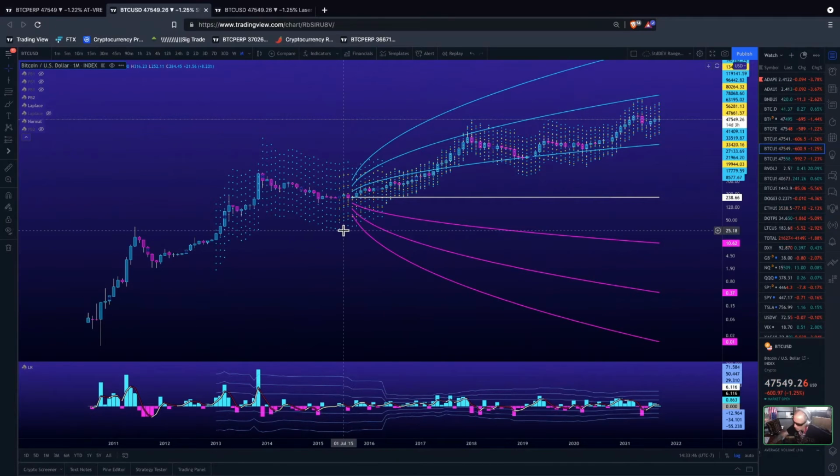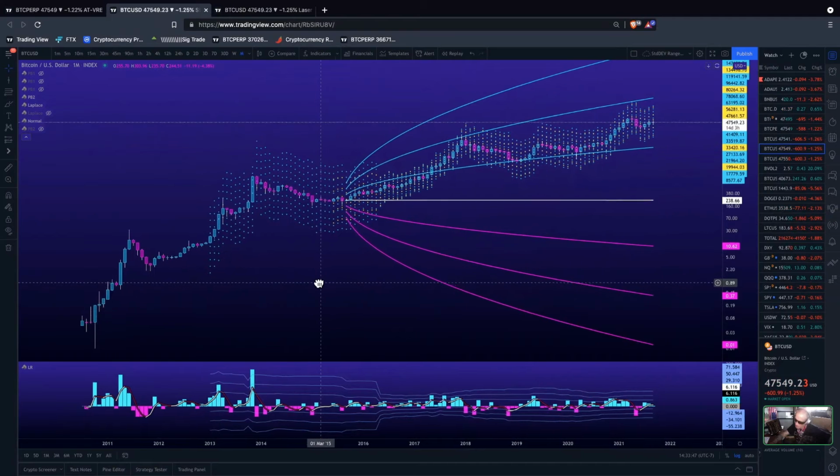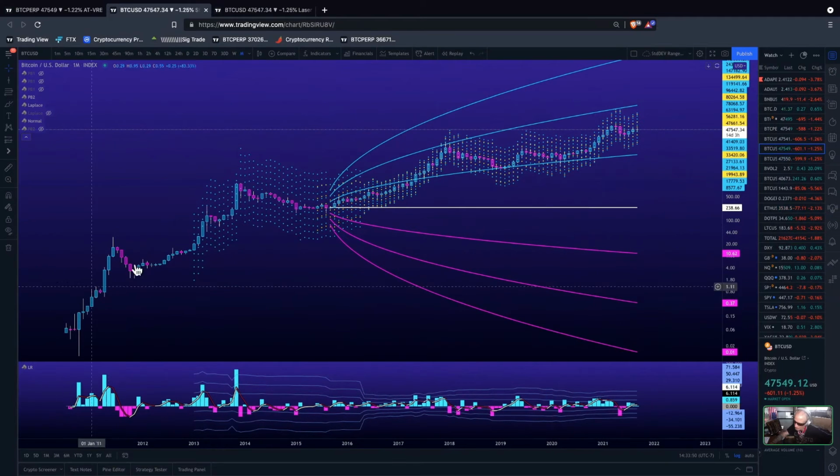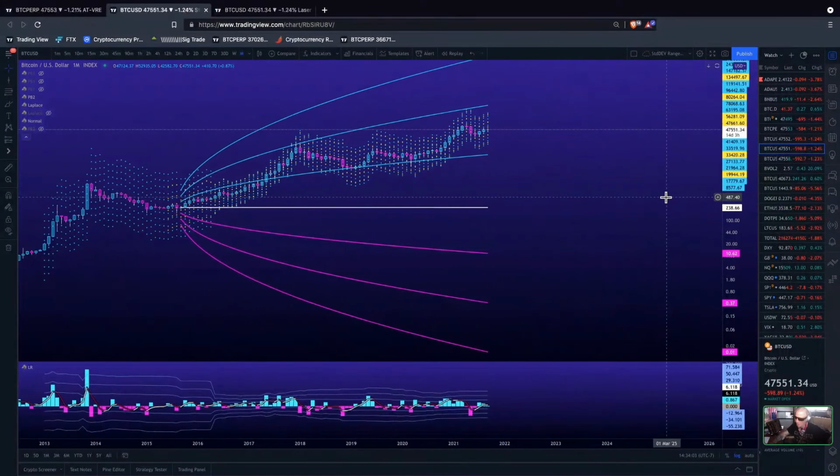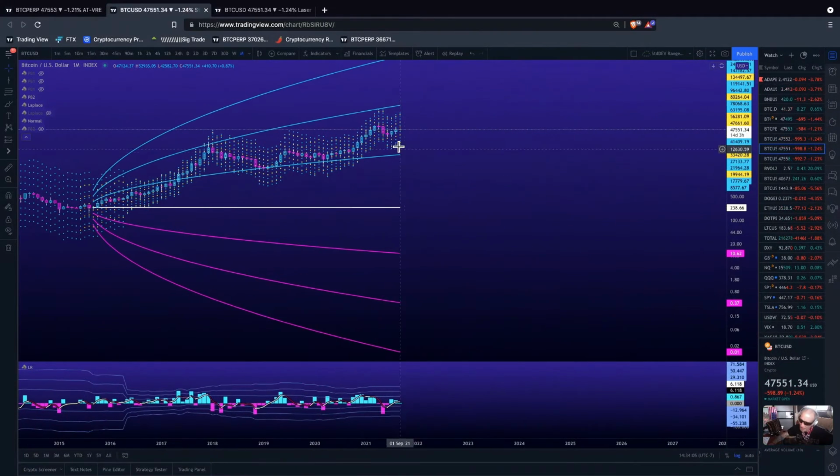We're lucky to get this projection to populate. Usually PB2 will project as many candles into the future as you are back.